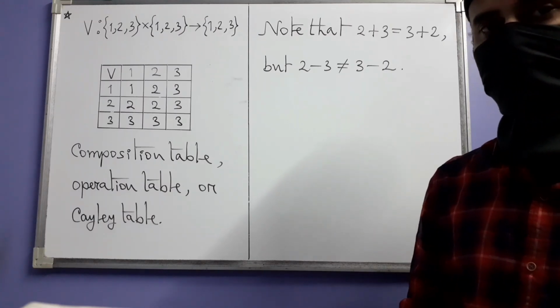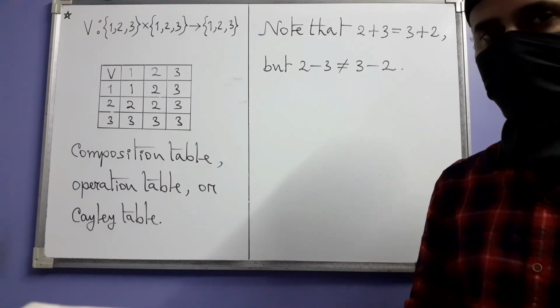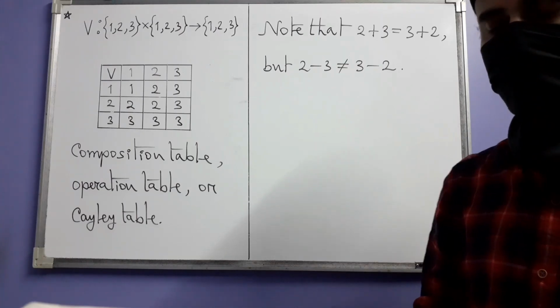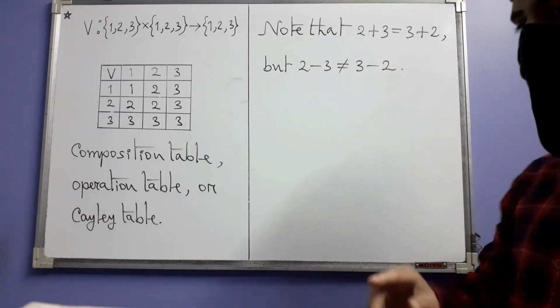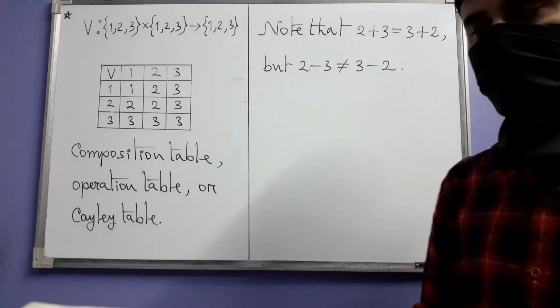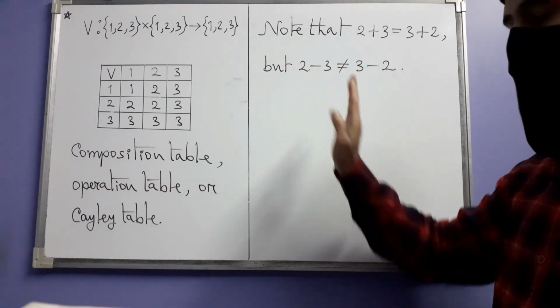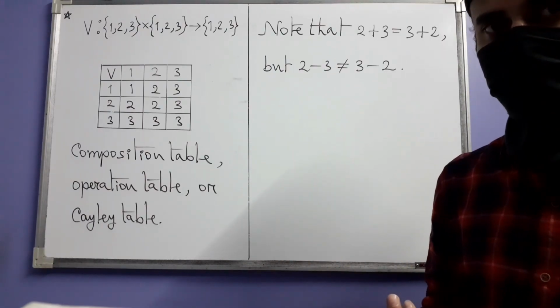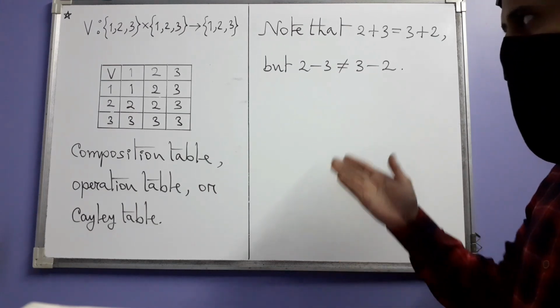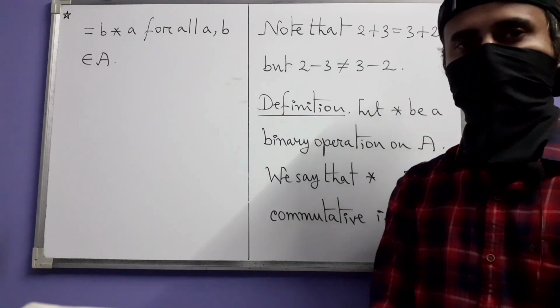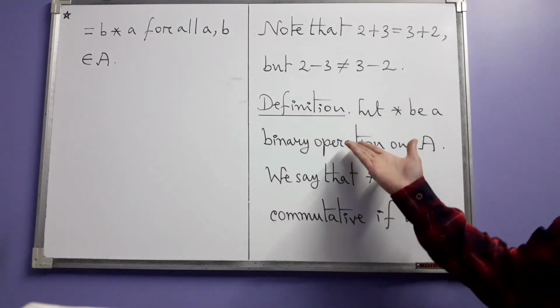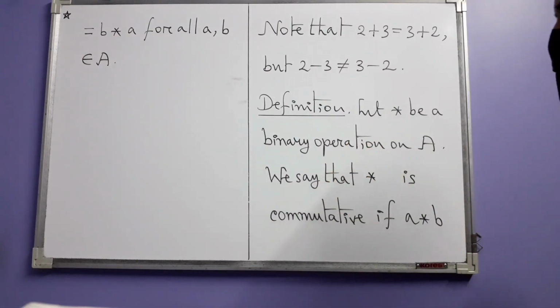It is not so curious because you have used this property so many times that it has become natural to you. 2 plus 3 and 3 plus 2 are both equal to 5. However, the subtraction operation does not have this property. So this leads us to the notion of commutativity, and that is given by this definition.